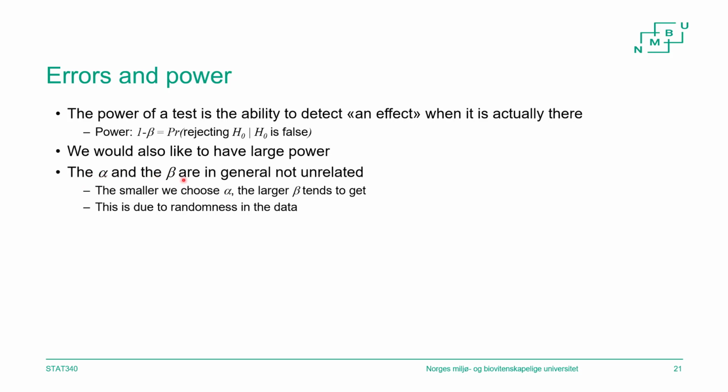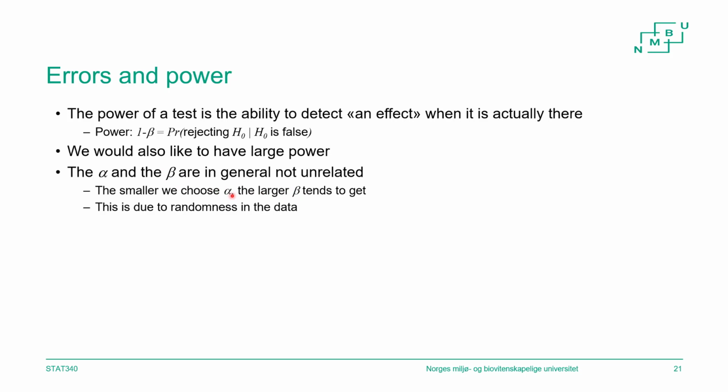Sadly, this alpha and beta are in general not unrelated. So the smaller we choose the alpha, safeguarding against the type 1 error, the larger this one tends to get. And that means a lower power, right? And this follows due to the randomness in the data, that you cannot separate this entirely from each other.